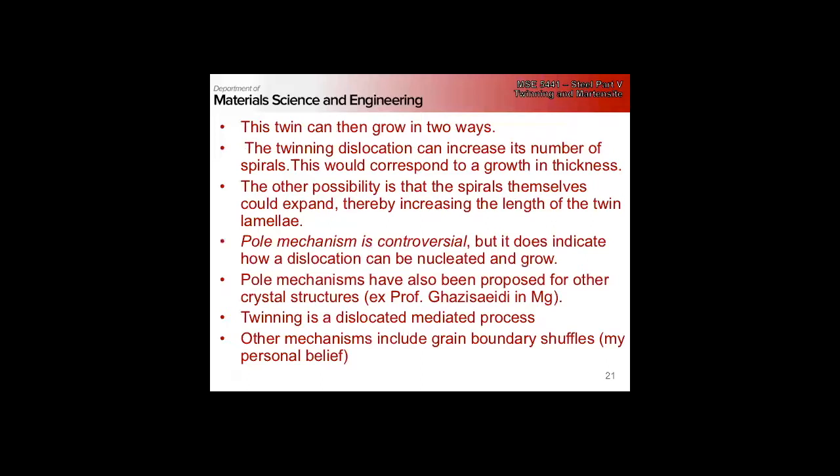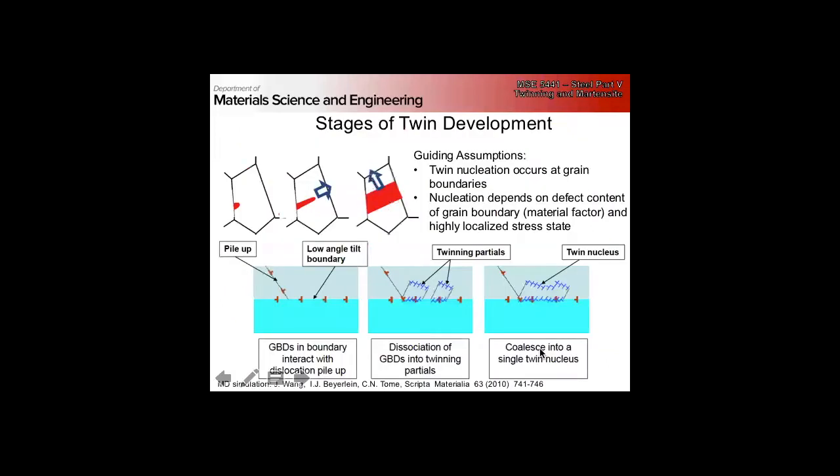My personal belief is that twins, from experimentally, they operate at grain boundaries, right? So we have grain boundary dislocations and a pile-up behavior. Then the grain boundary dislocations dissociate into partials, twinning partials, which then grow the twins out.